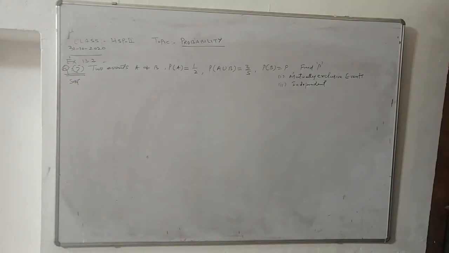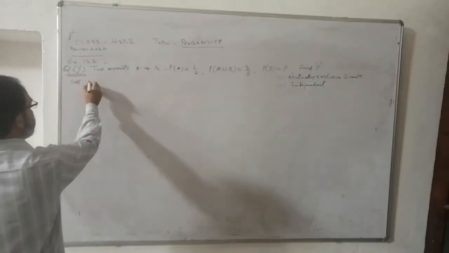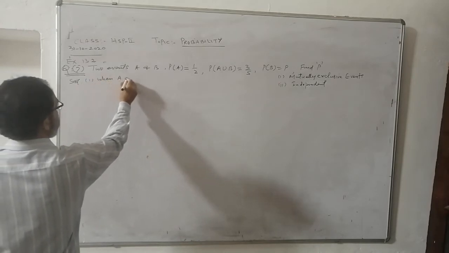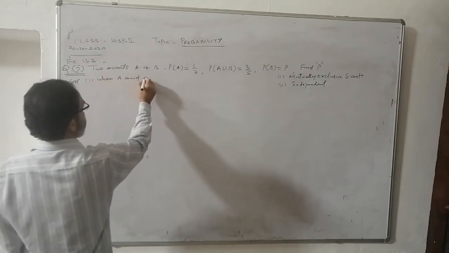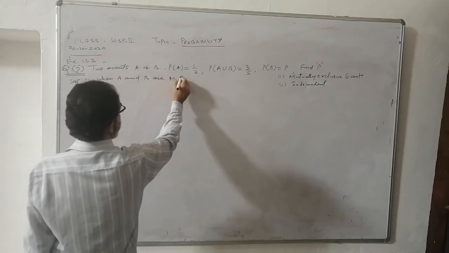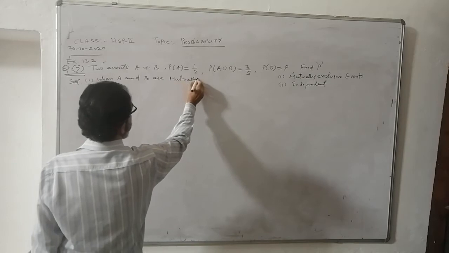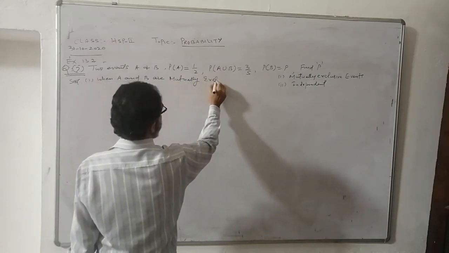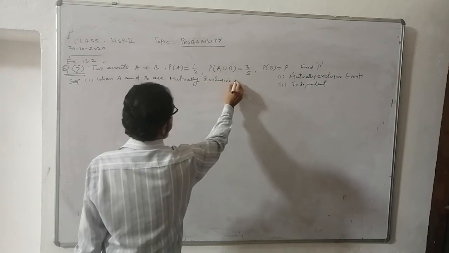Now two events A and B are given, their probability is given. So part first is when A and B are mutually exclusive events.